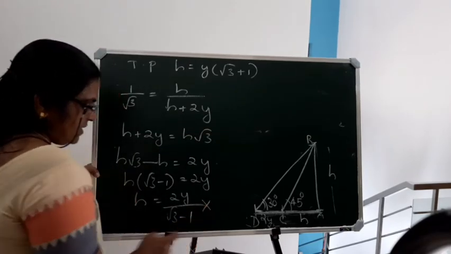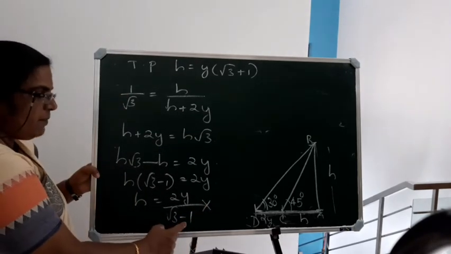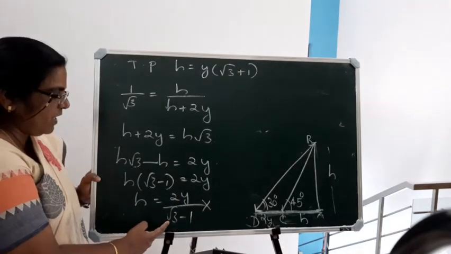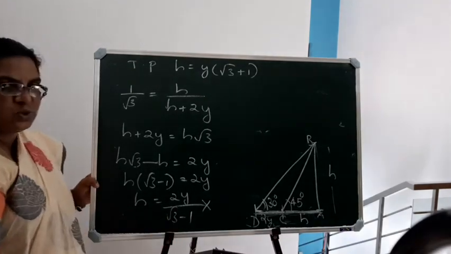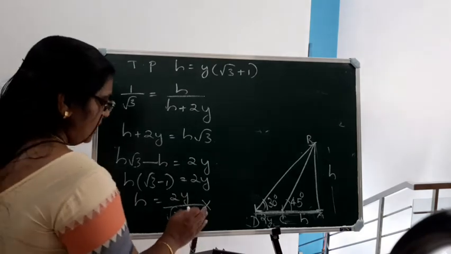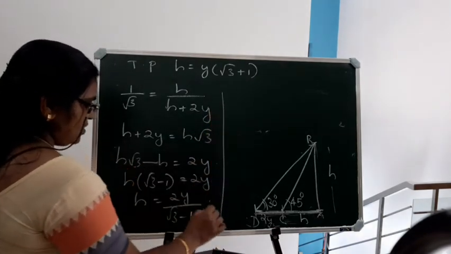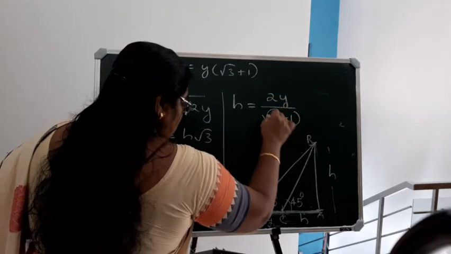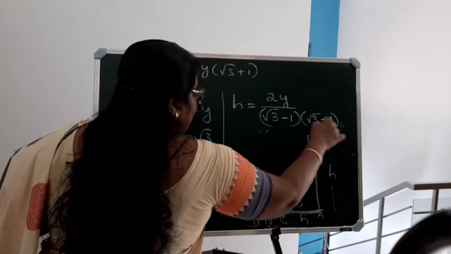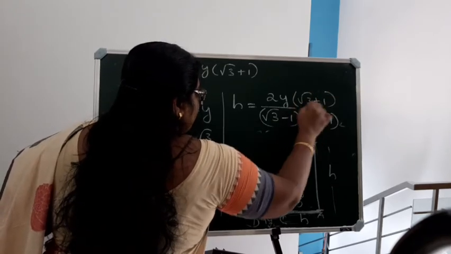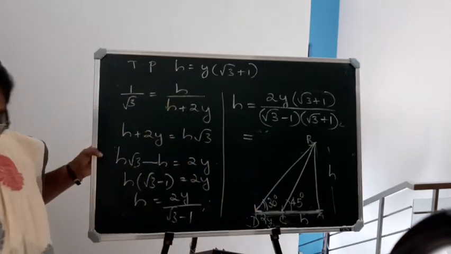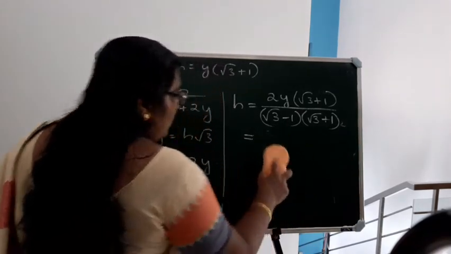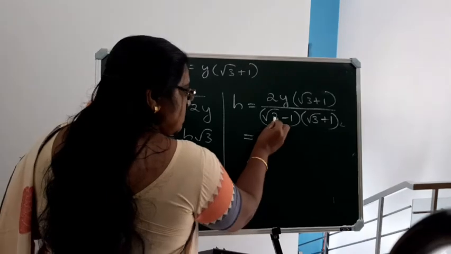So we can rationalize this denominator. The denominator is root 3 minus 1, so we multiply the numerator and denominator by its conjugate, root 3 plus 1. So h is equal to 2y into root 3 plus 1 divided by root 3 minus 1 into root 3 plus 1. The denominator is in the form a plus b into a minus b, which is a square minus b square.